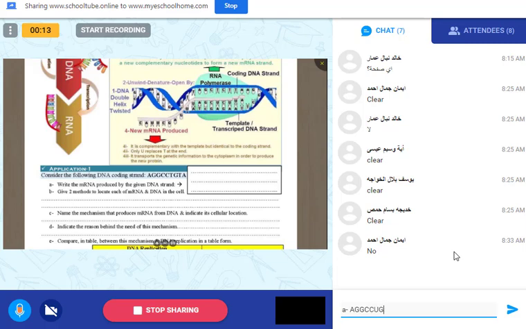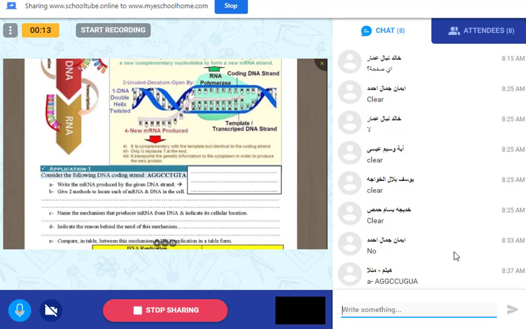We take it now as a rule that the coding is the same as messenger RNA, but we replace T by U. So give me now the same strand but replace T by U, what will it be? AGGCCUGUA. Exactly. So this is the messenger RNA.